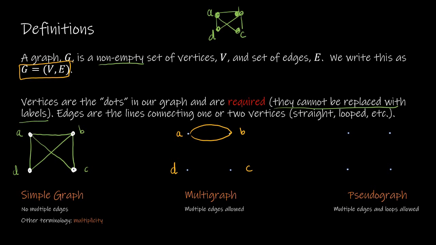I like to fly to Florida as often as possible, not as often as I'd like to. And there are multiple ways for me to get there. I can fly out of Omaha into St. Pete, Clearwater. I can fly to Orlando. I can fly to Tampa. So there's multiple ways that I can get from point A to point B. And I have to represent each of those with a different edge. So this would be considered a multigraph.